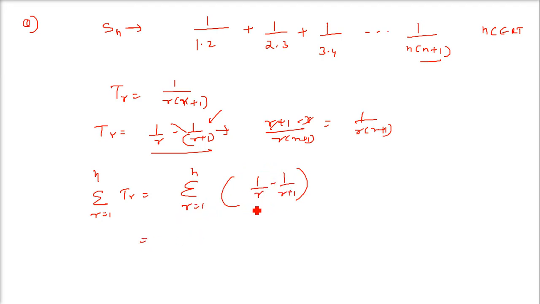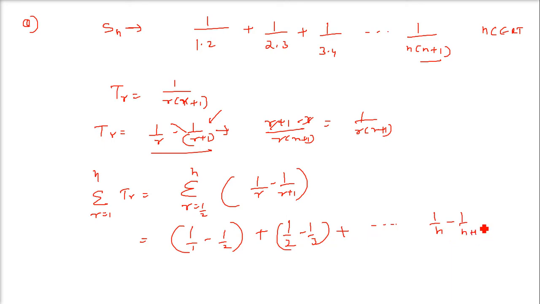This is going to be 1 by 1 minus 1 by 2, plus, now we put r equals 2, so 1 by 2 minus 1 by 3. This goes up to 1 by n minus 1 by n plus 1. If you see, this 1 by 2 gets cancelled, 1 by 3 will be cancelled, and all these terms will be cancelled. Only this 1 and this last term will remain. So the final solution is 1 minus 1 by n plus 1.